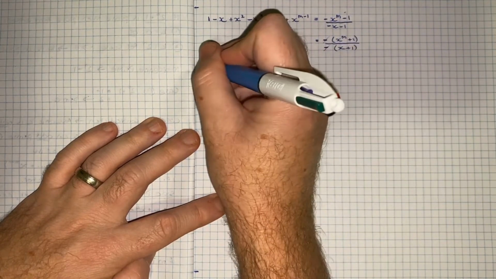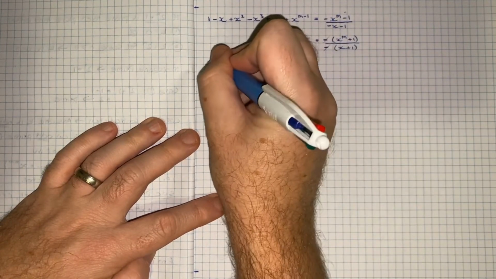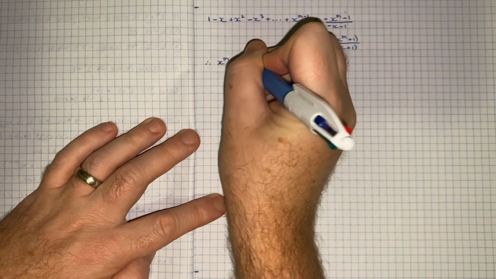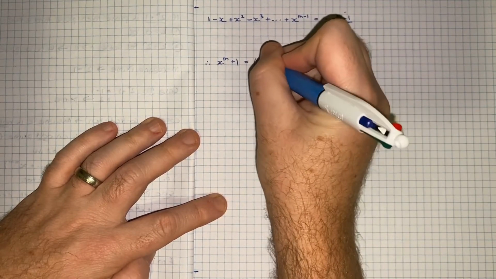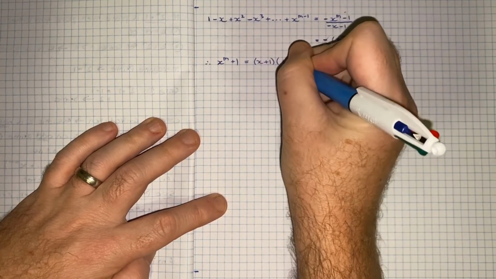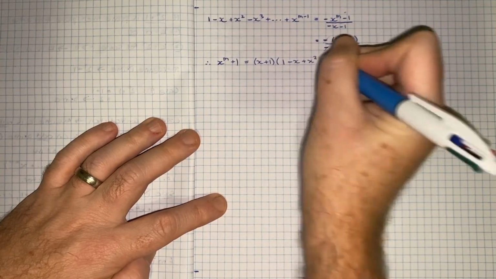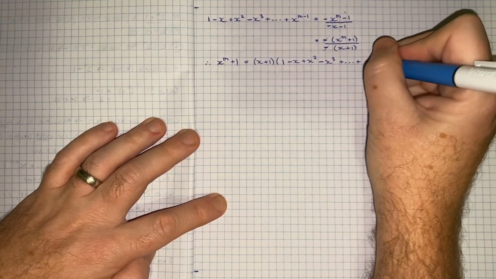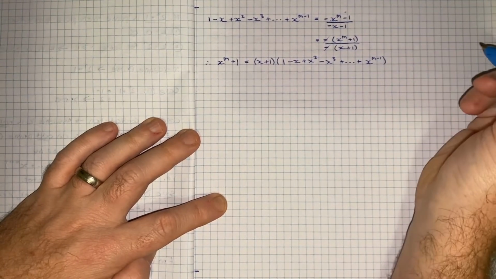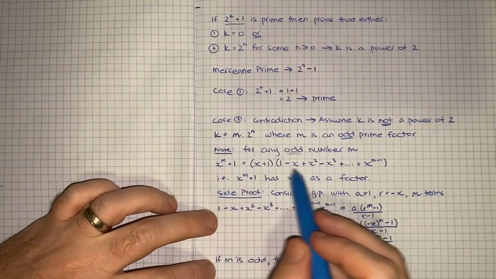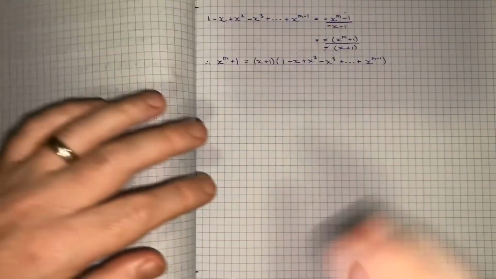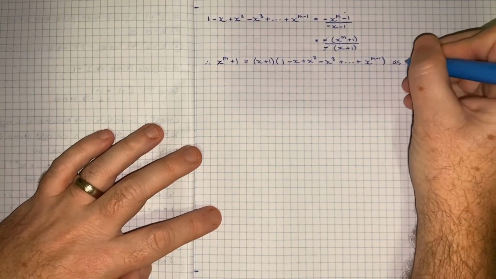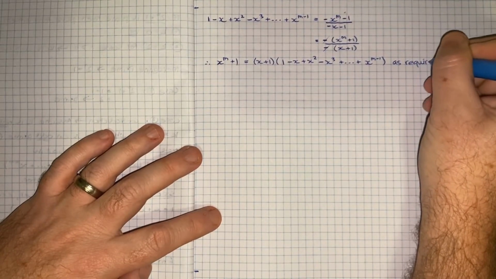And so we can conclude that x to the m plus 1 is equal to x plus 1 times 1 minus x plus x squared minus x cubed, and so on, all the way up to x to the m minus 1. And that is the result that we're going to rely on. So that's a little side proof of this result.